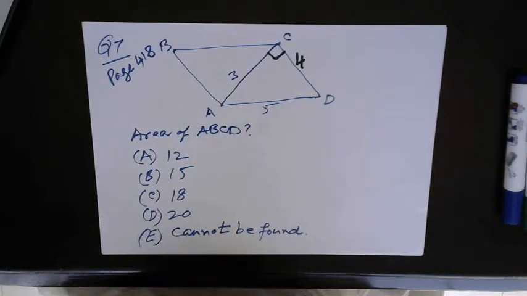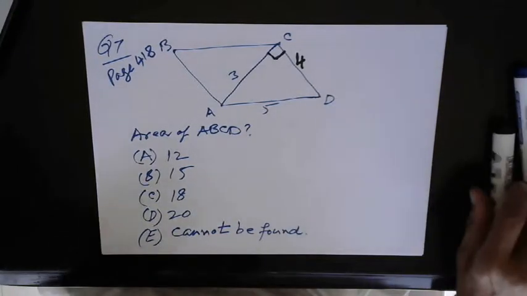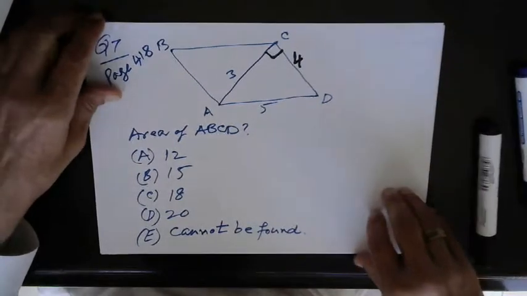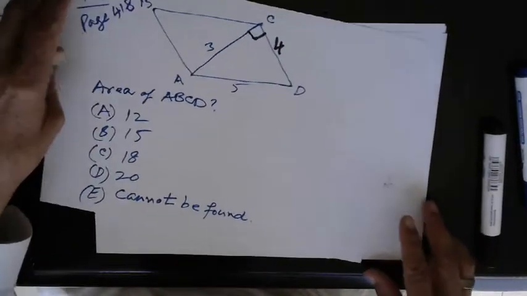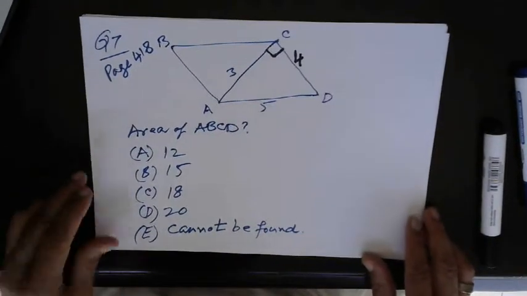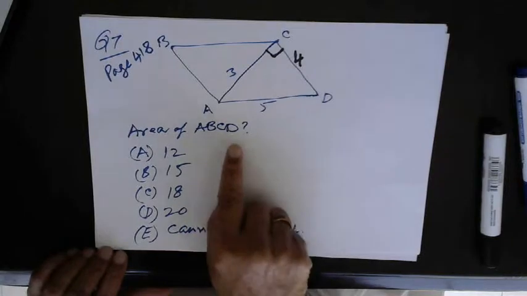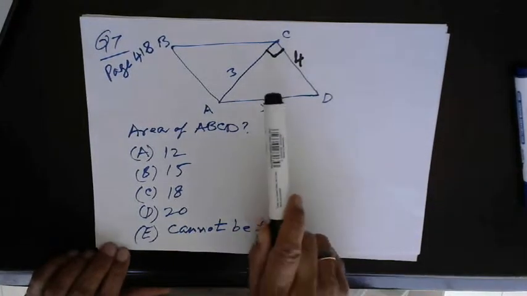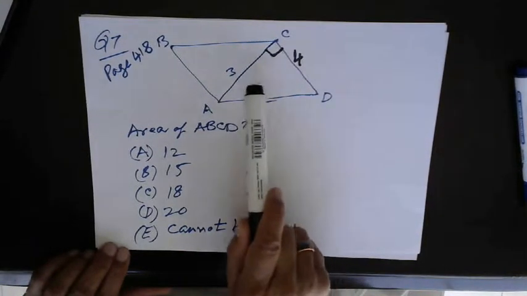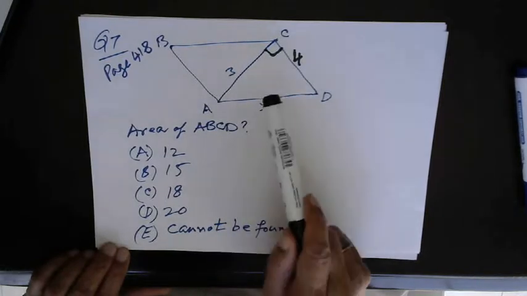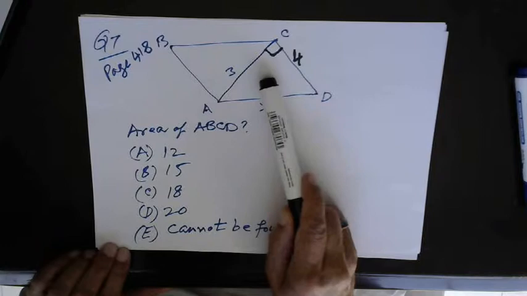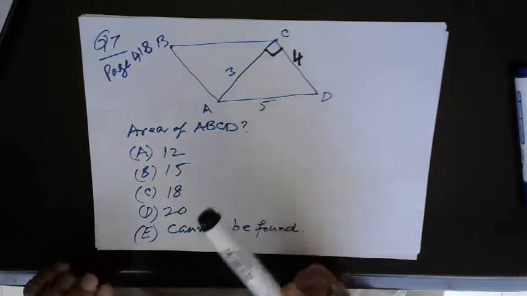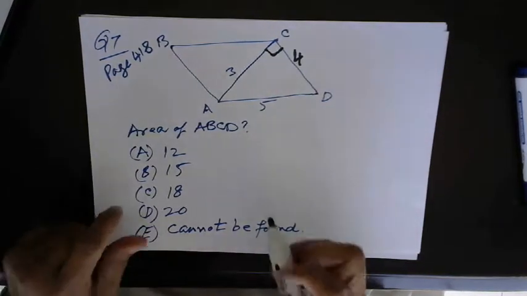Now, there is a formula for finding the area of a triangle, because the required area, namely area of ABCD, is twice the area of these two triangles. So let us find the area of this triangle, and we will multiply that area by 2 and get the required area. By the way, the formula is this.